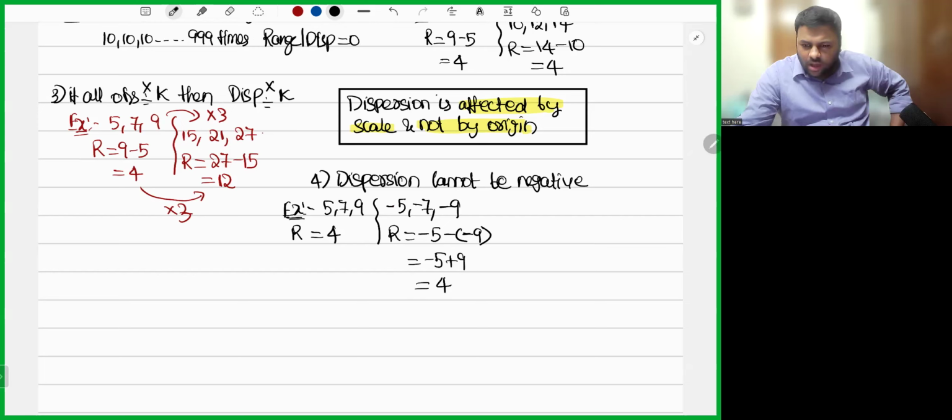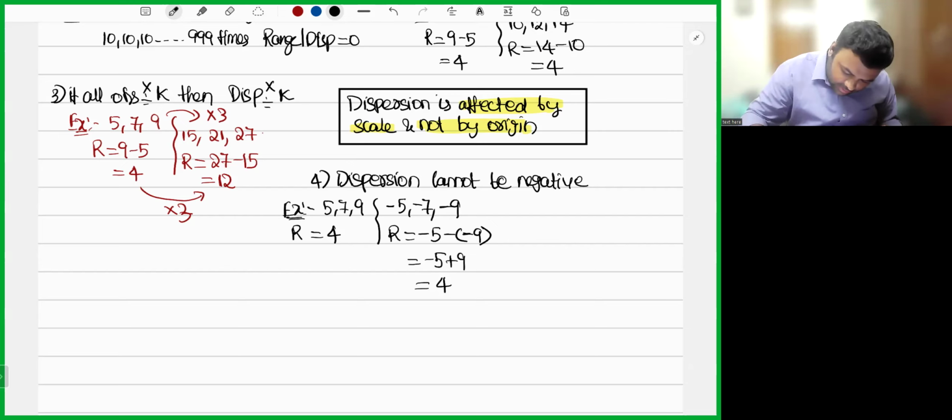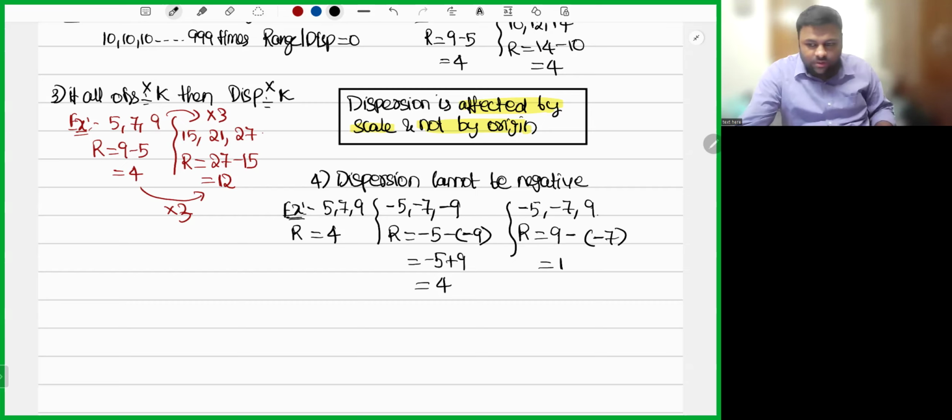So can you see, if all observations are negative, is your range negative? No. Next. Minus 5, minus 7, 9. The range is highest observation minus smallest observation, which is 9 plus 7, which is equal to 16.